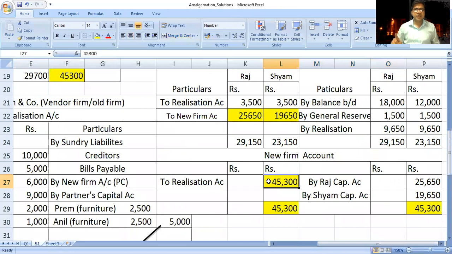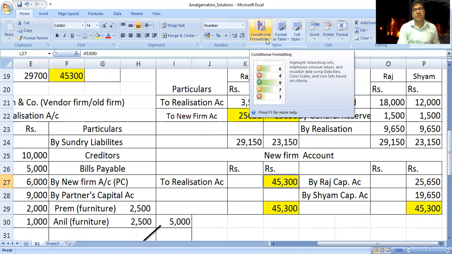And how does this 45,300 come? It comes from the purchase consideration. Purchase consideration is the value agreed by both firms, which the purchasing firm agrees to pay to the vendor firm, and therefore it is very important.